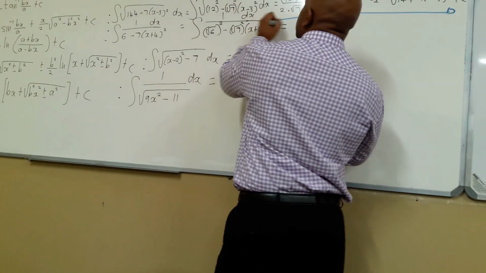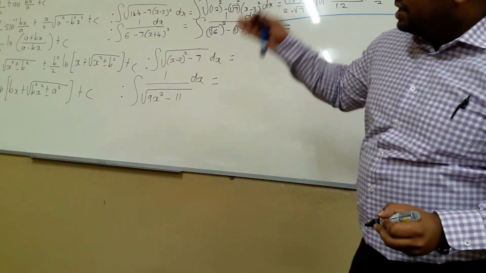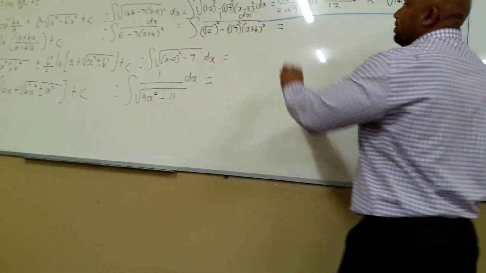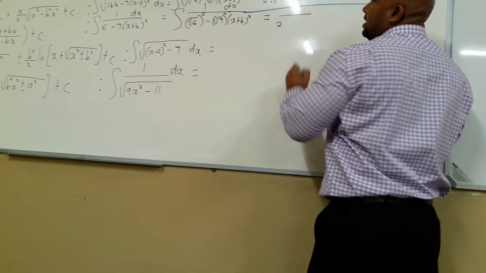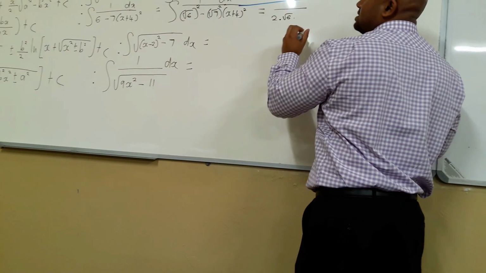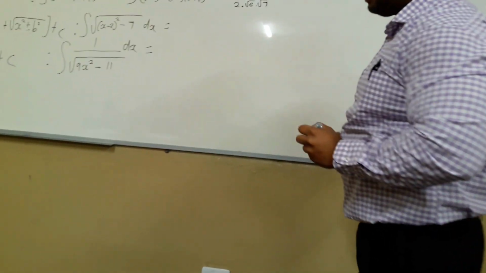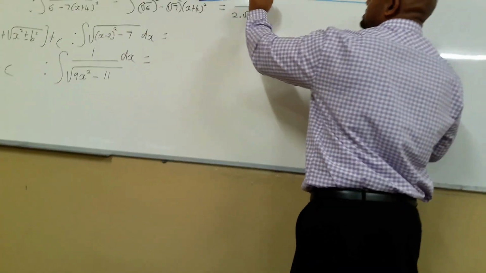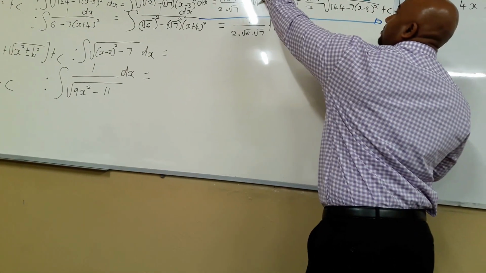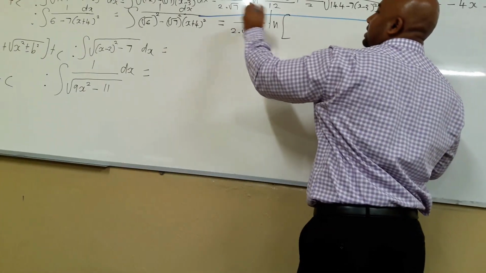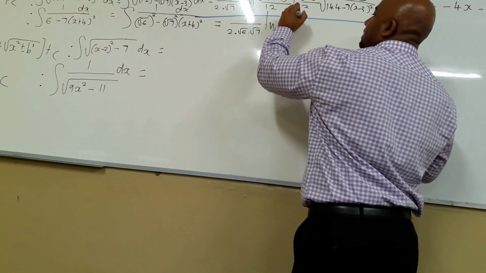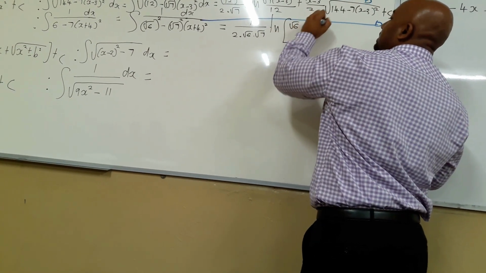There's your dx. So we are using number 4 again, which is 1 over 2ab. My a is square root 6 and my b is square root 7 times ln a plus bx, so that will be square root 6 plus square root 7 of x.